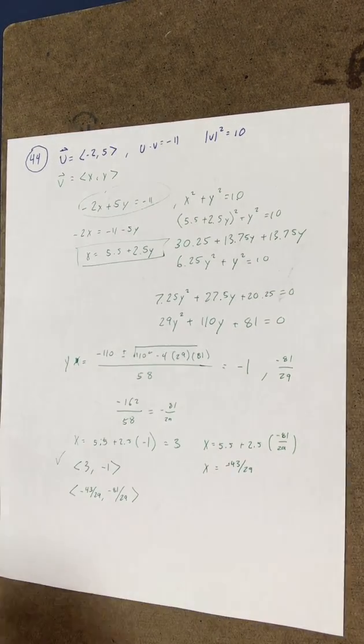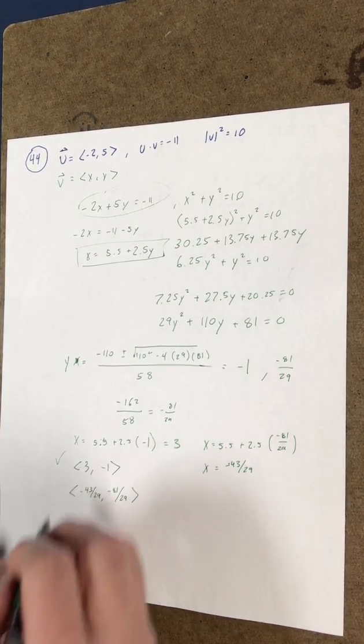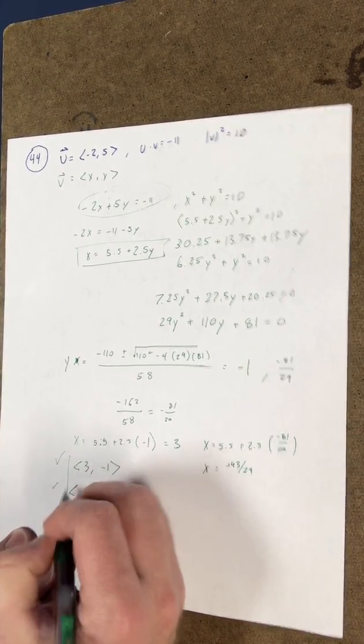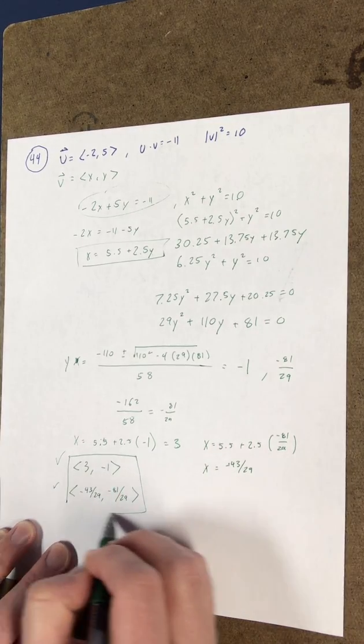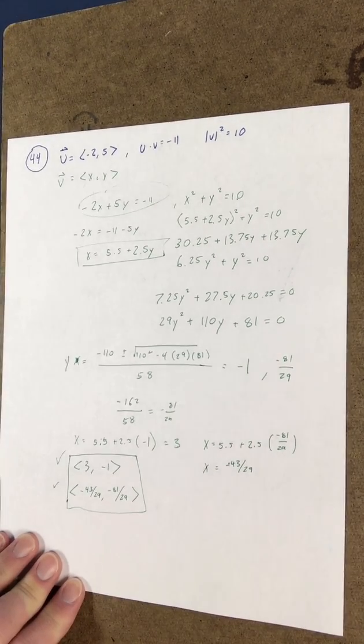Let's use the Pythagorean theorem to make sure that this works. I'm just going to put in my calculator, 43 divided by 29 squared plus 81 over 29 squared. And I get 10, so this one works as well. So there's two answers to this question. Took a while to get there, but there they are.